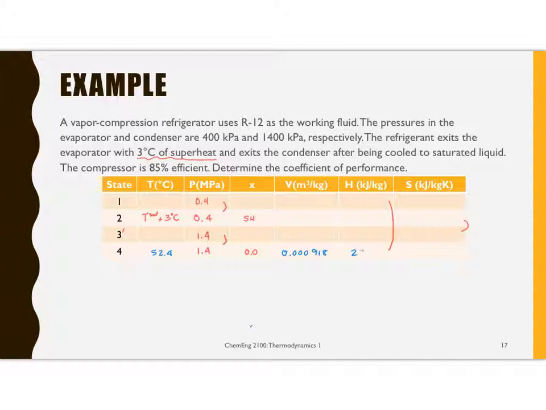The enthalpy is 275.4, and the entropy is 1.249. This allows me to determine what H is for state 1.